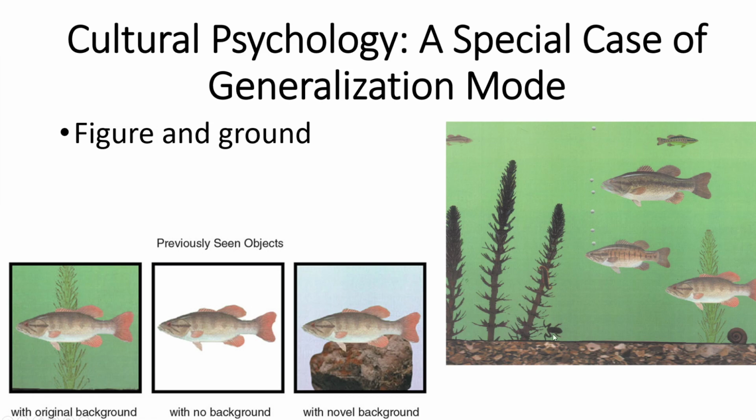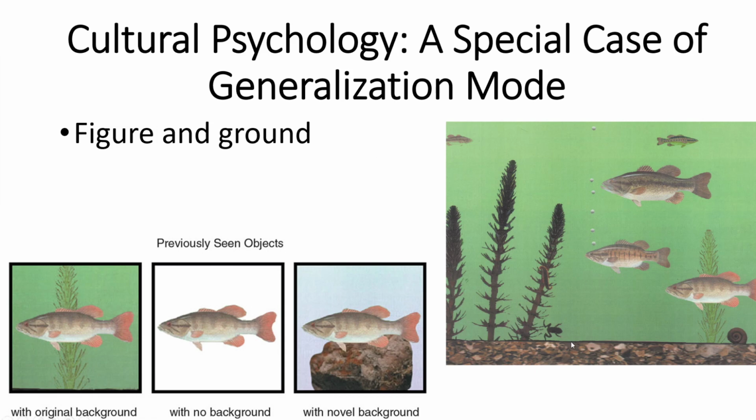There's also some plants and maybe some frog and snail. But they talk about the fish, the foreground, first. People in Japan will actually talk about the background first. They'll describe the environment before they talk about the foreground figures, the fish.